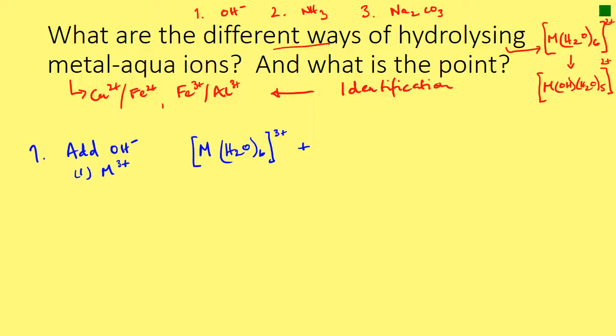And as before, when it dissolves, we get that complex and it reacts with water. A tiny bit of acidic hydrolysis happens, such that one of the water ligands is broken down into a spare hydrogen ion and a hydroxide ion, and we're left with 5 water ligands still there.